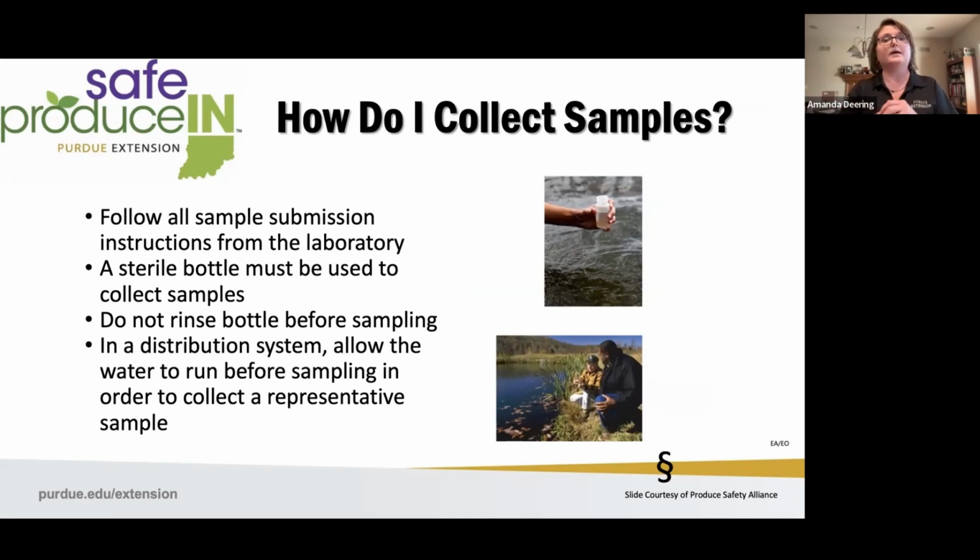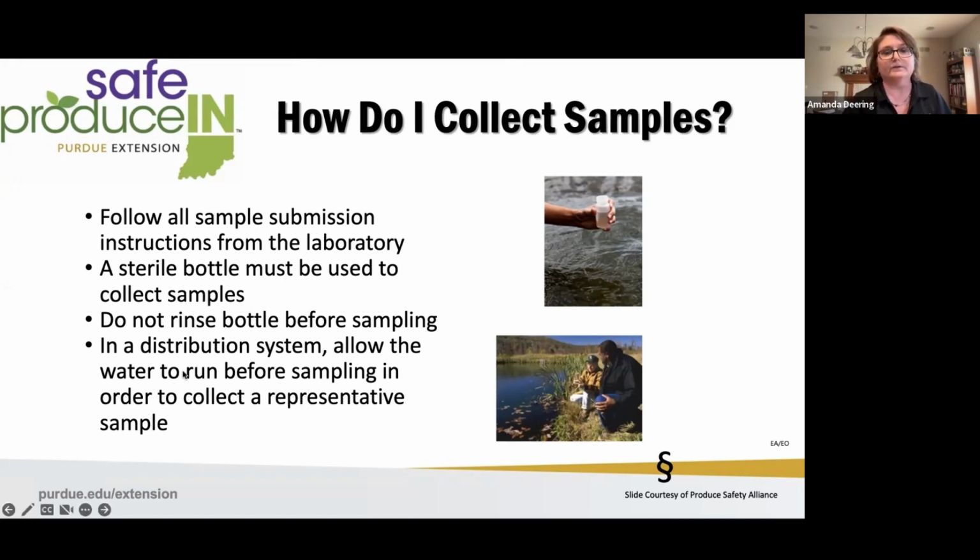Usually in that sample collection bottle is a little tablet called sodium thiosulfate, and all that does is neutralize chlorine. So if you're sampling your tap water, for example, it might have chlorine in it if it's city water, and so it just neutralizes anything that could be in there.